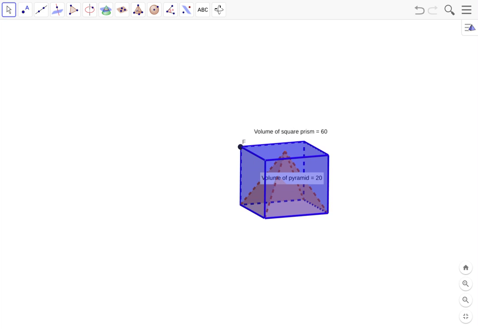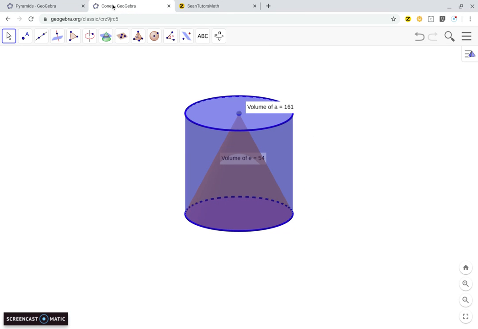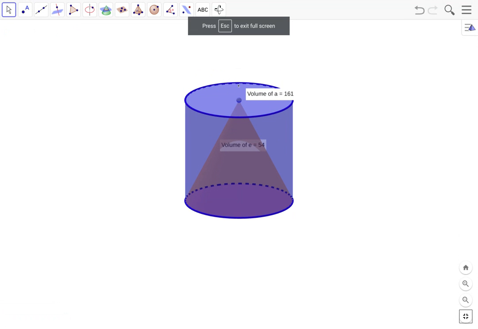Now this is true, like I said, for any polygon you put at the base. And it doesn't even have to be a polygon. It can be a circle to make a cone, and it will be the same story.